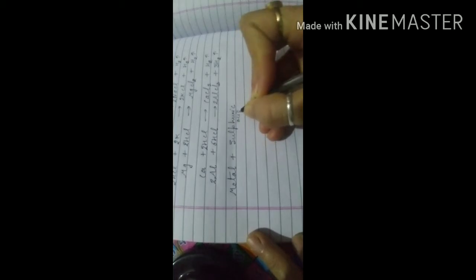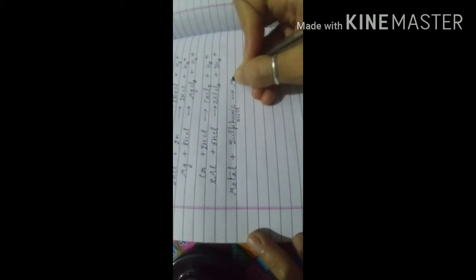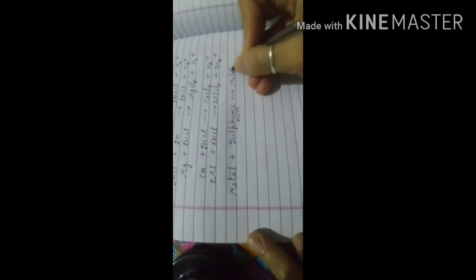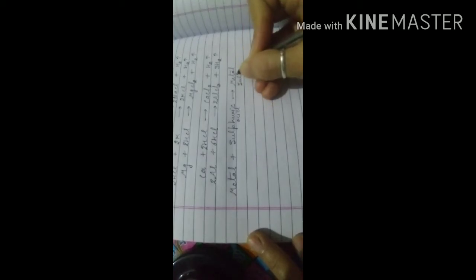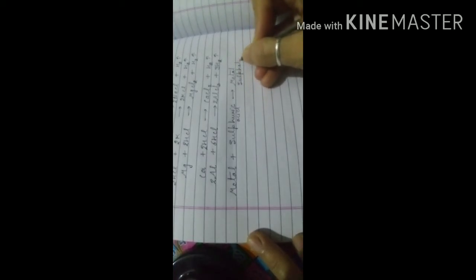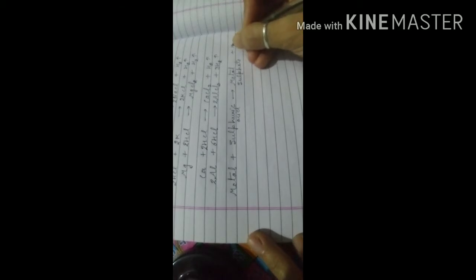Okay, let us take another example. Suppose any metal, and here we are taking sulfuric acid. It will form metal sulfate. The metal salt will form in the form of metal sulfate, as well as hydrogen gas will evolve. Suppose the metal is Na, and sulfuric acid is H2SO4.